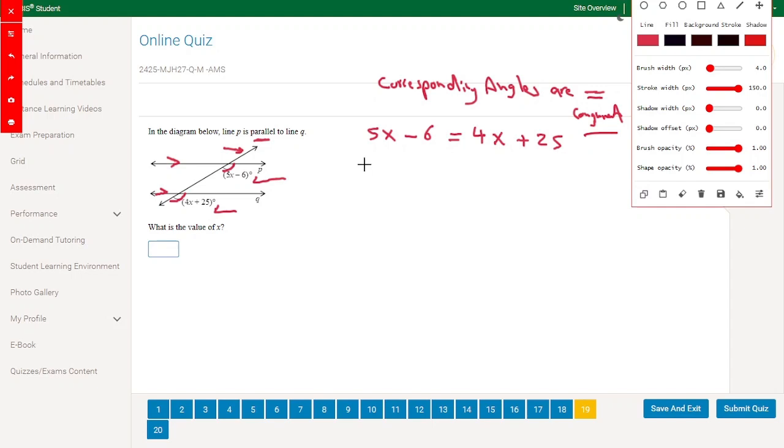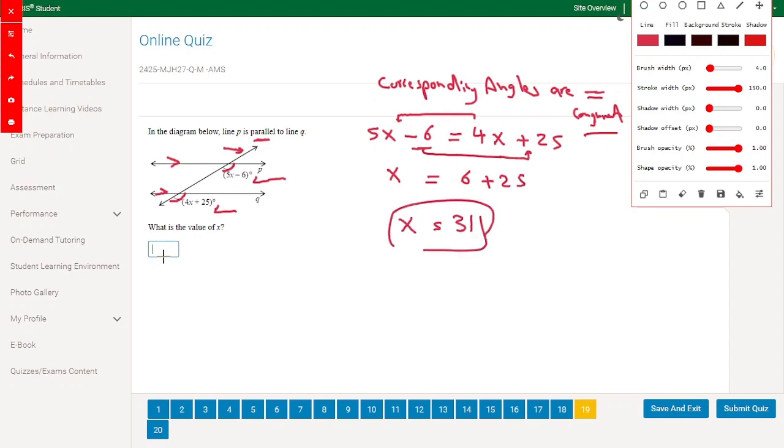Okay, so let's simplify this one. So 4x will go to the other side with minus 4x, so it will be x equal, and minus 6 will go to the other side, it will be plus 6, so 6 plus 25, so x will be equal to 31. So the answer here, x will be 31.